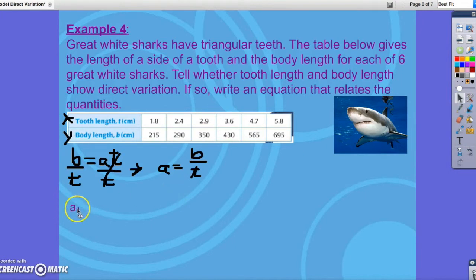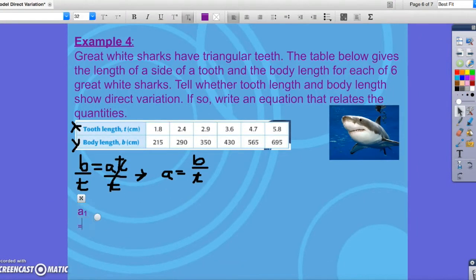So let's see here, A1. So we get 215 divided by 1.8, which equals about, and I don't have my little approximate button here, but you put like a little squiggly equal sign. Let's keep going across here.